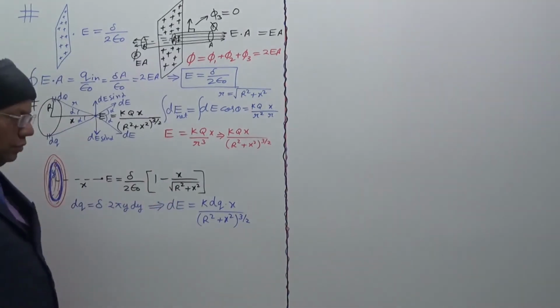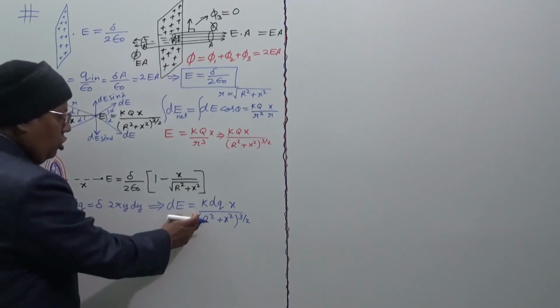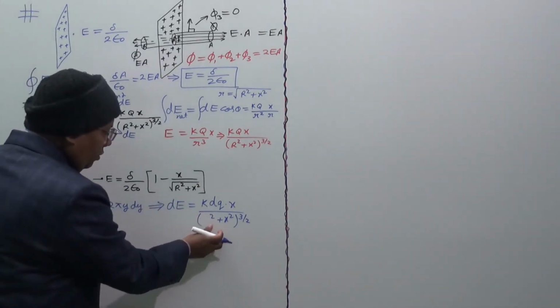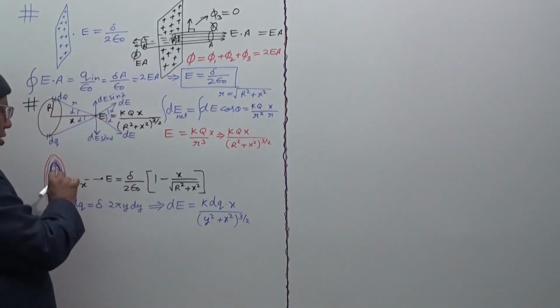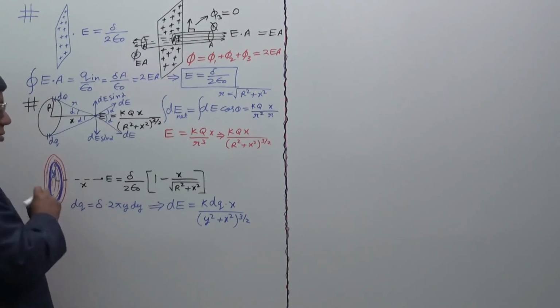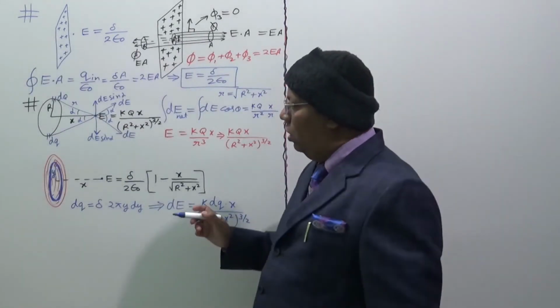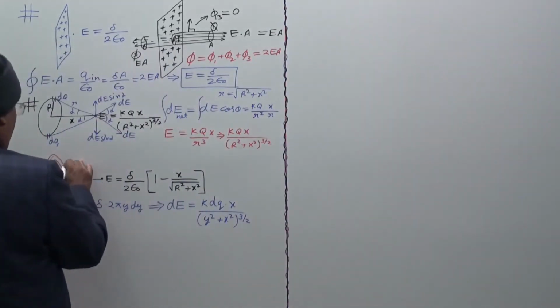Now you have to put y in place of r. Now it will be the electric field by this small segment of charge dq.